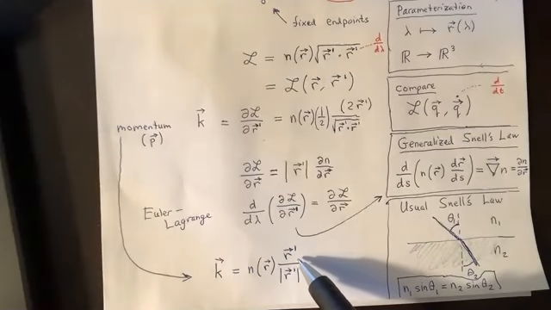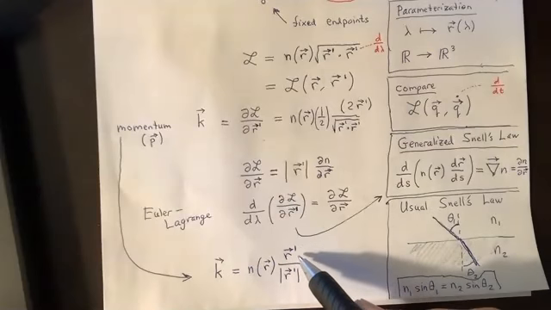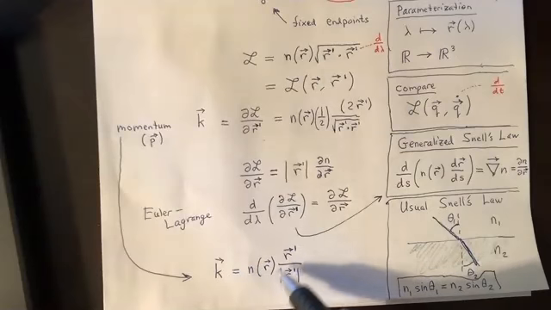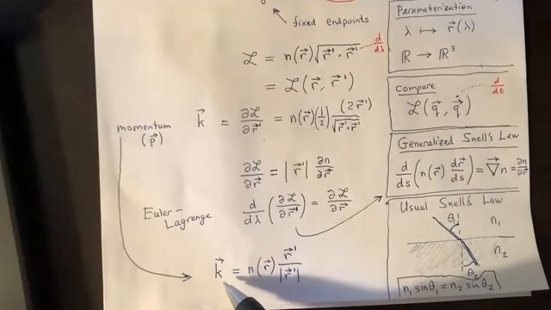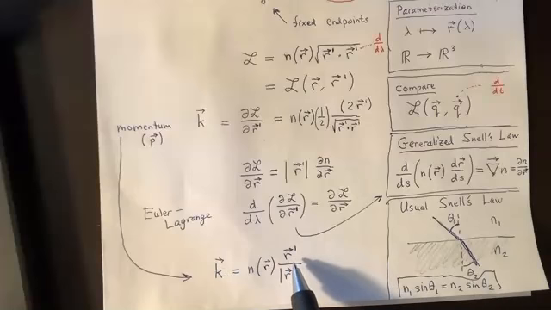It's a prescription. Given a velocity vector, you can compute the momentum vector. Can you go the other way? The answer is no. If somebody gives you a value for the k vector, you cannot uniquely determine the velocity vector.